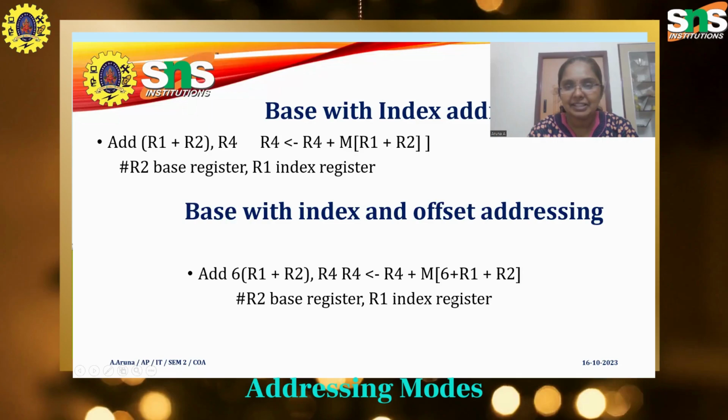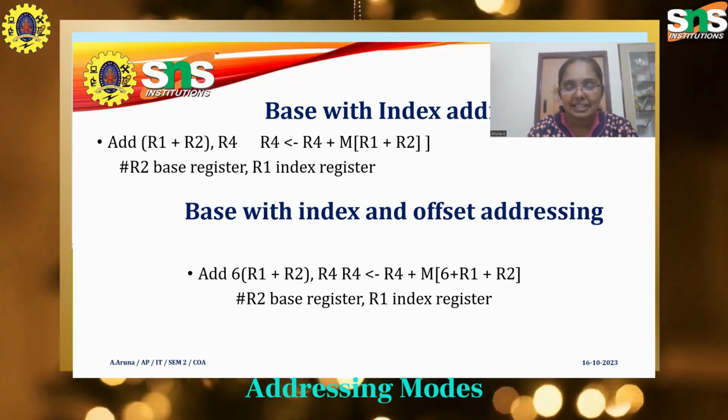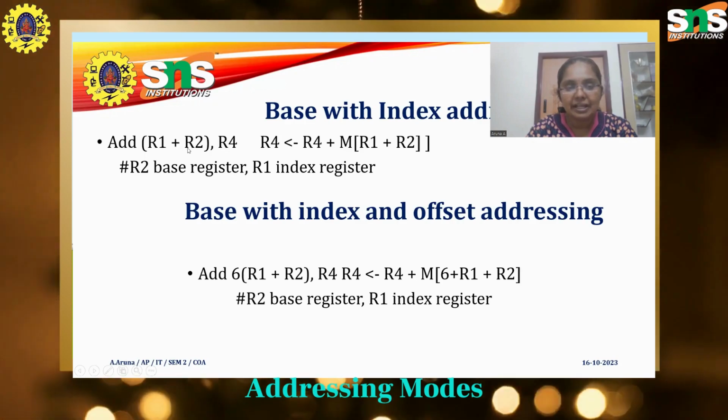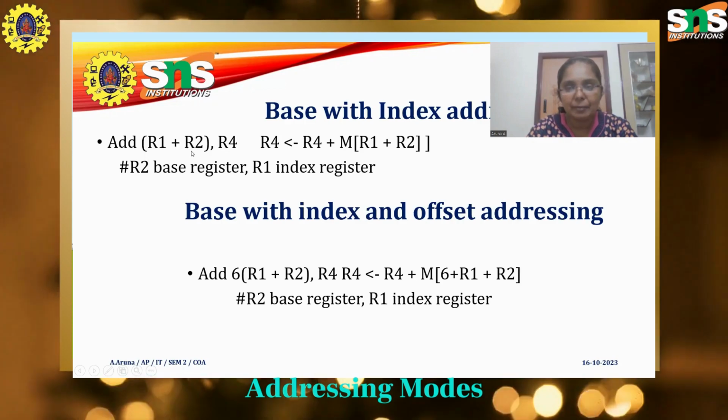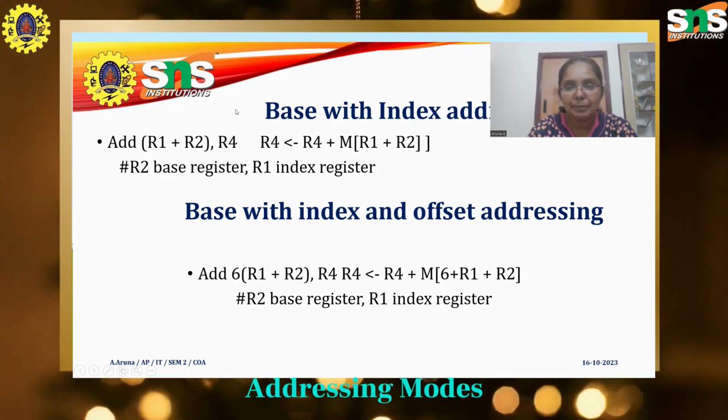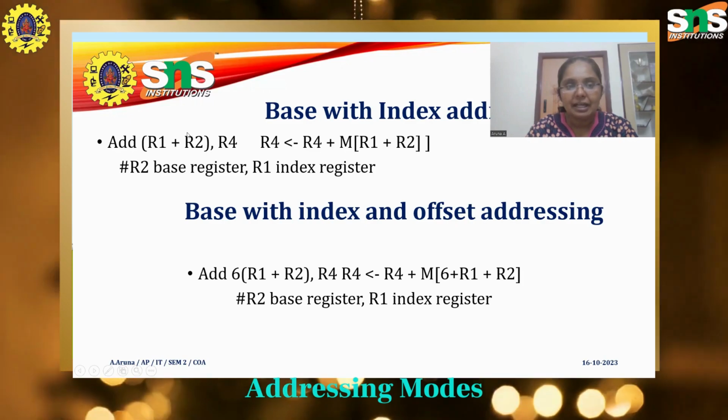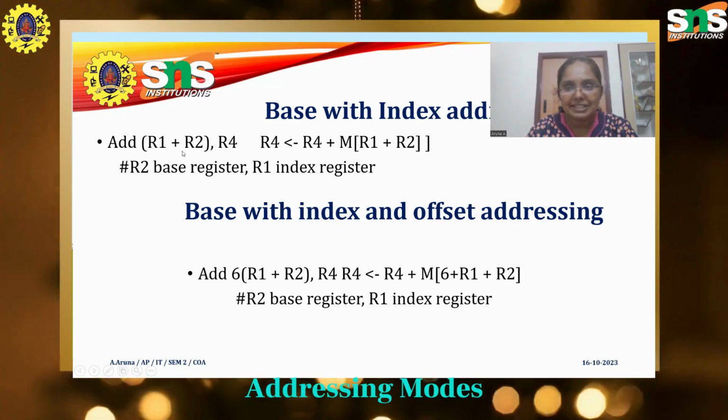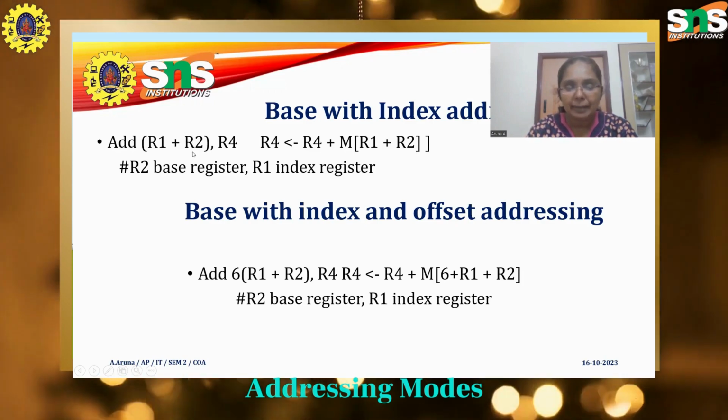The next thing is base with index addressing, base with index and offset addressing. This is nothing but the base value and index value can be added in that particular memory location. The value can be added with another register and stored in that particular register. So I represented over here, add R1 plus R2 comma R4. The R1 value and R2 value are added in that particular memory location.